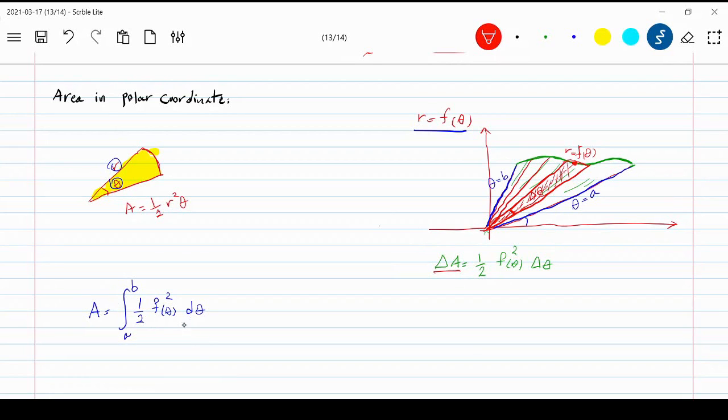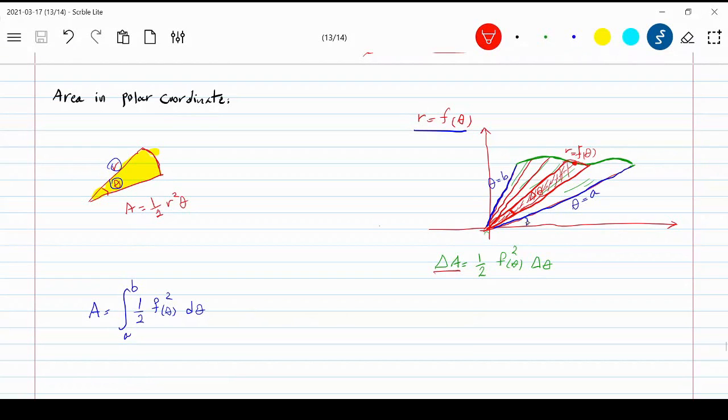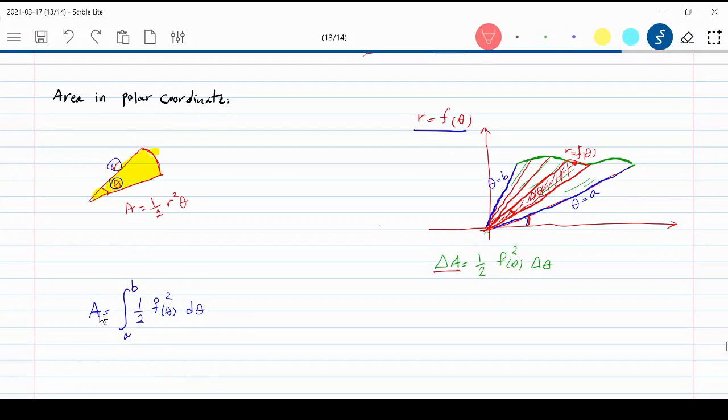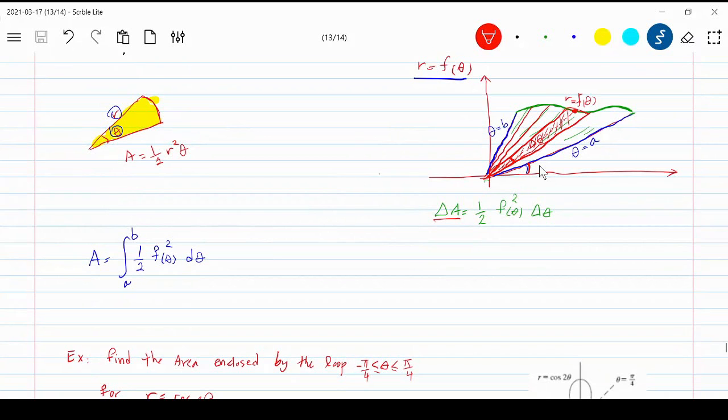The area would be the integral from A to B of 1/2 f of theta squared d theta, where A is the smaller angle and B is the terminal angle. So if you want to calculate the area, you use this formula. f of theta is the radius function based on theta, and A to B is the corresponding angle range.